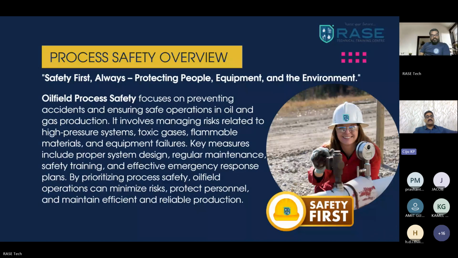The key measures include proper system design, regular maintenance, safety training, and effective emergency response plans. These are the controls we have in place for the hazards we encounter during our operation in the oil and gas sector.